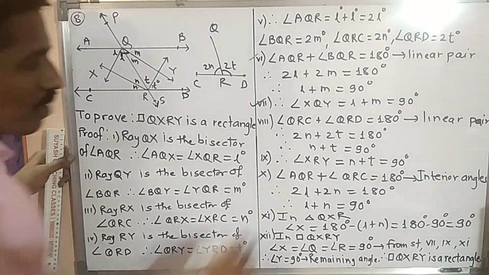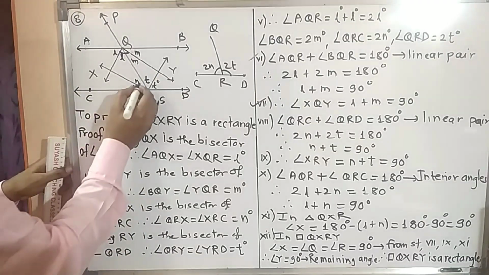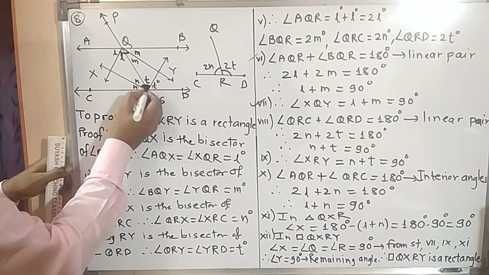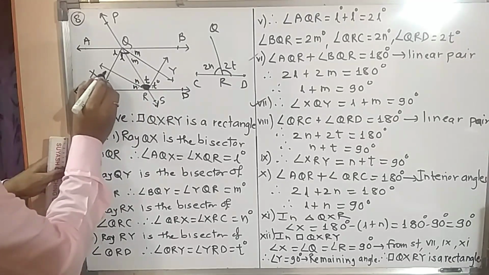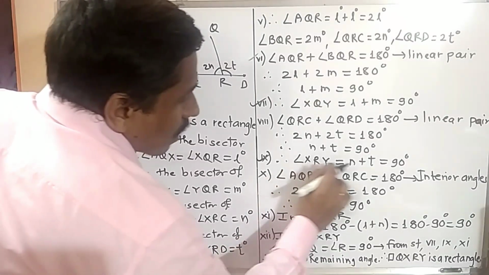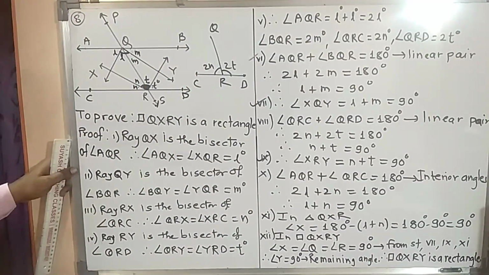Dividing throughout by 2, I will get N plus T is equal to 90 degrees. But look at the figure. N plus T is nothing but this angle. The name of this angle is XRY, and therefore angle XRY is equal to N plus T is equal to 90 degrees.